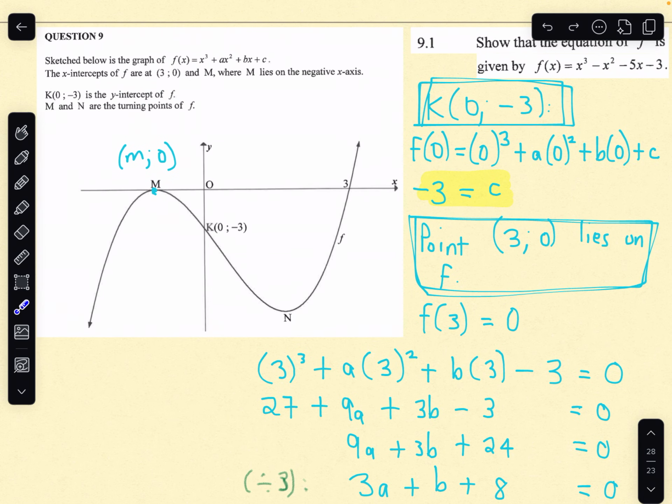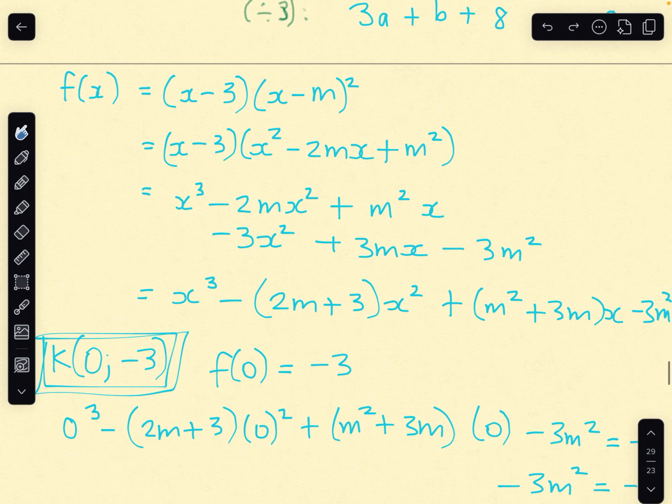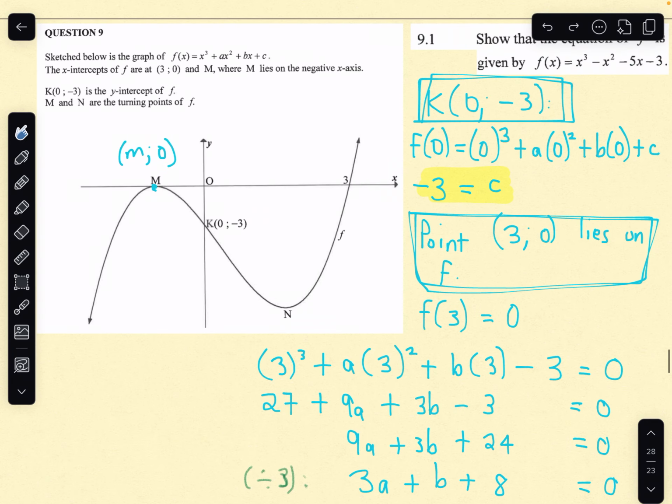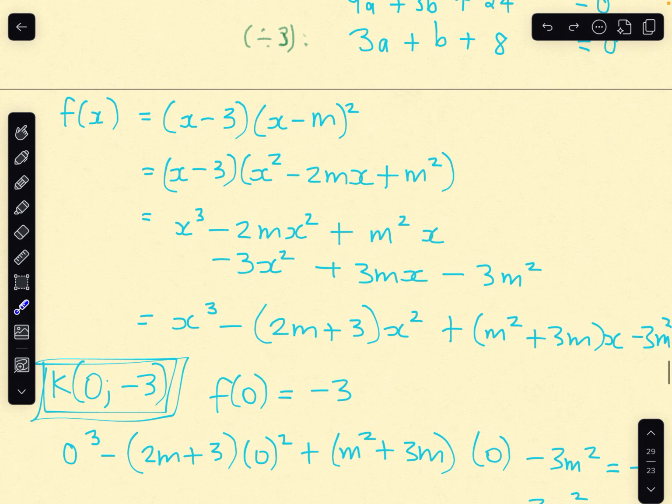The fact that the turning point and the x-intercept are occurring here at m, 0 allows us to write our function as x minus 3, because the other x-intercept is happening at 3. Okay, allows us to write the function as x minus 3 times x minus m squared.